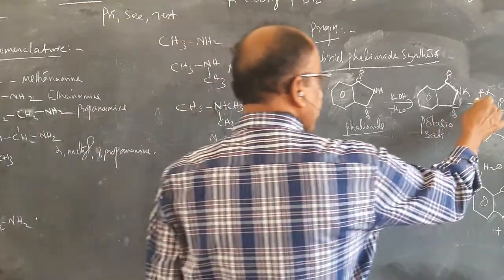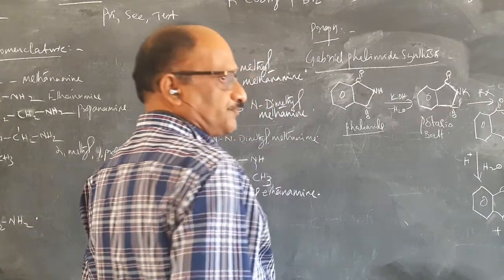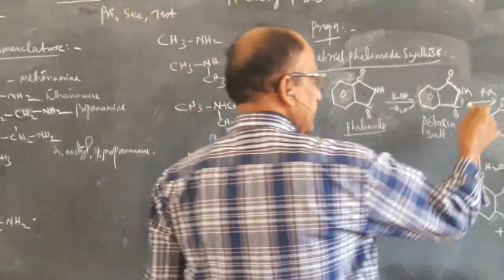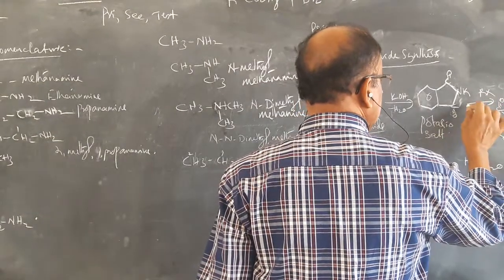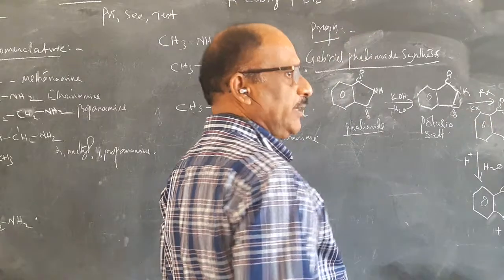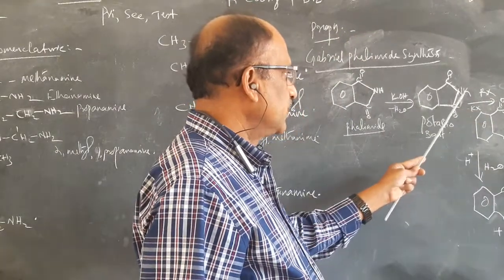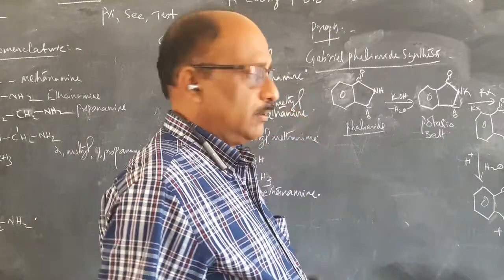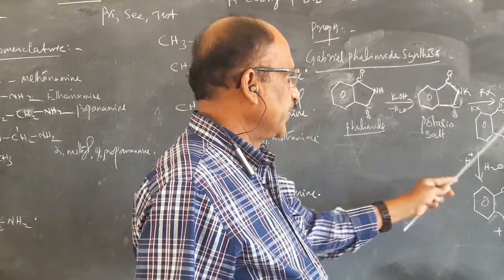Which is again treated with alkyl halide, RX. Then what happened? KX will be eliminated, potassium halide will be eliminated. So in the place of K, you are getting R.